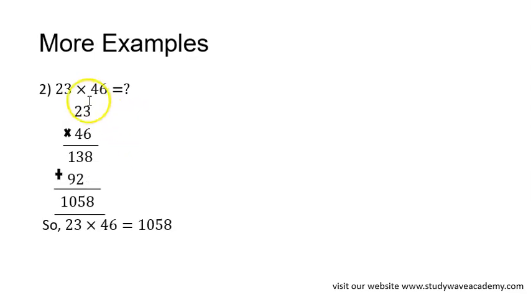Our next example, 23 times 46. You write them in their place value form. Okay? When you do that, you start from the right to the left. Remember, that's what we do. Right to the left. So when you arrange them in their place value form, you start. 6 times 3 is going to give us what? 18.